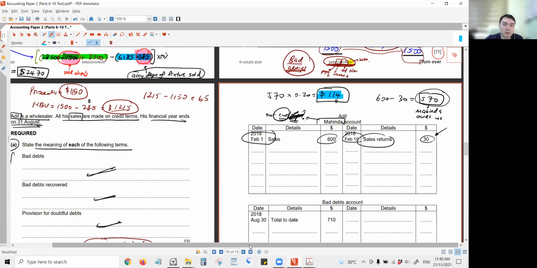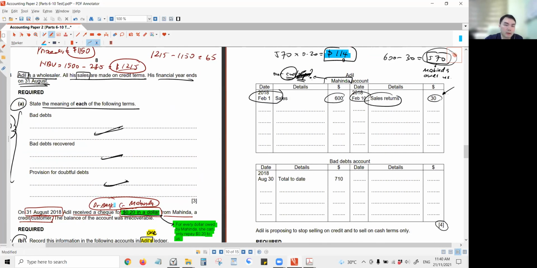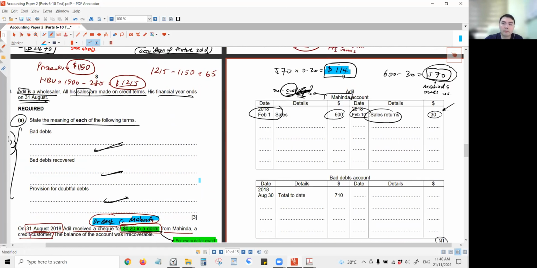So do the double entry: debit bank, credit Mahinda. Therefore, you will write here, then here write bank.